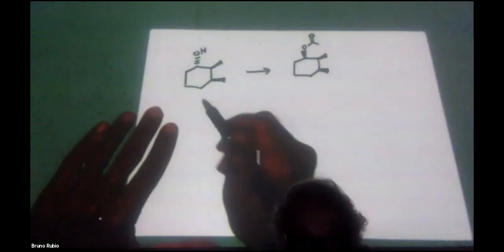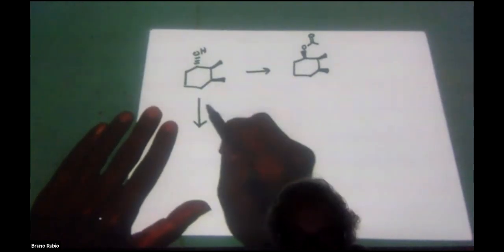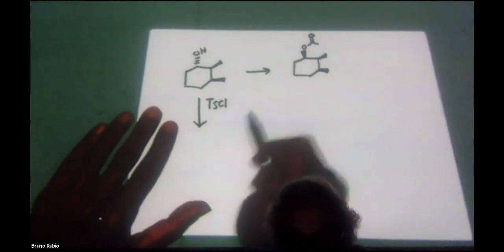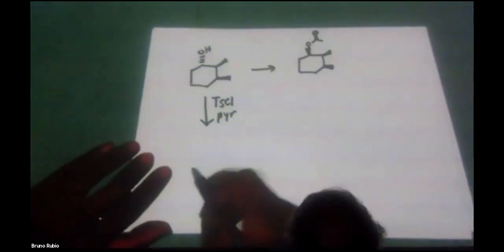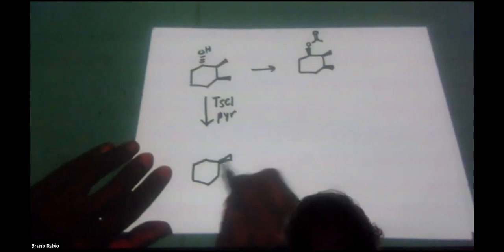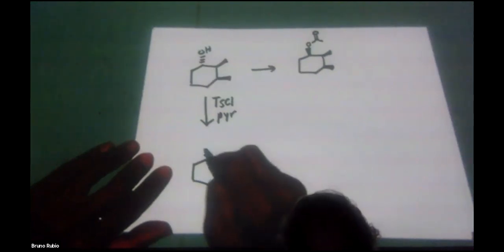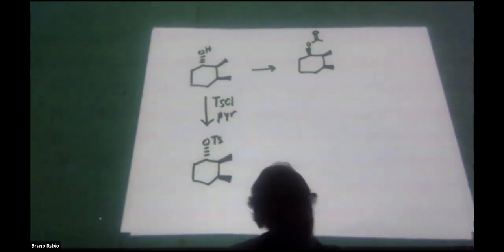So the recipe here would be, first step, maybe something like tosyl chloride and pyridine. Wedge, OTs, right?